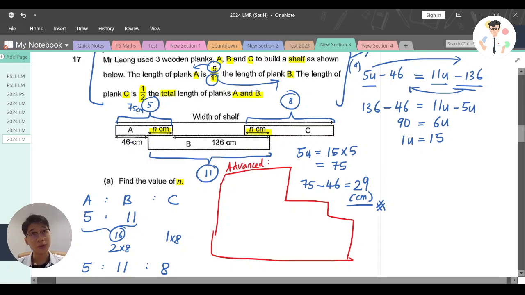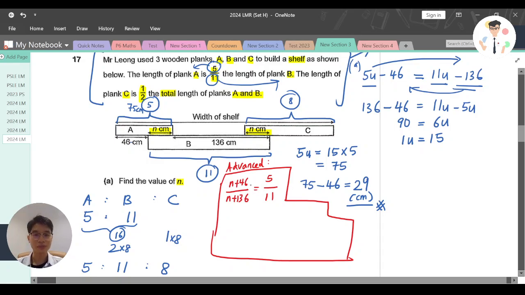Some of you that prefer algebra will say this: n plus 46 is actually 5 units, right? n is 5 units. And n plus 136 is actually equal to 11. So some of you that prefer algebra will probably do this, because n plus 46 is 5 and n plus 136 is 11.